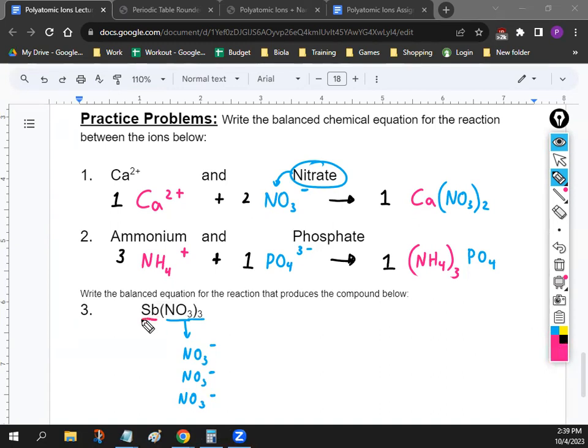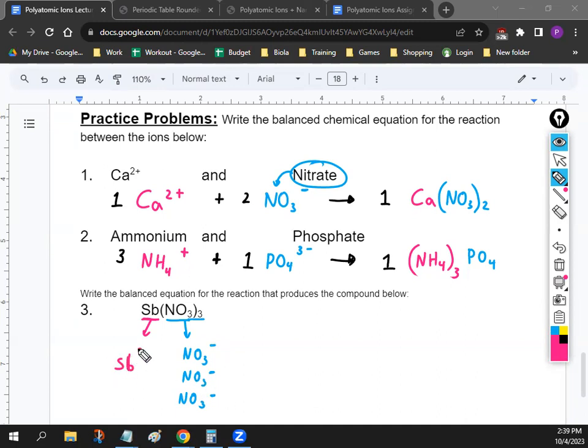If you guys look on the other side of the equation, there's Sb, and there's only 1 Sb because there's no number. And so what that means is one of these Sb's is balancing out all of the nitrates. Okay, since all the nitrates are -1, we have 3 of them. So -1, -2, -3.